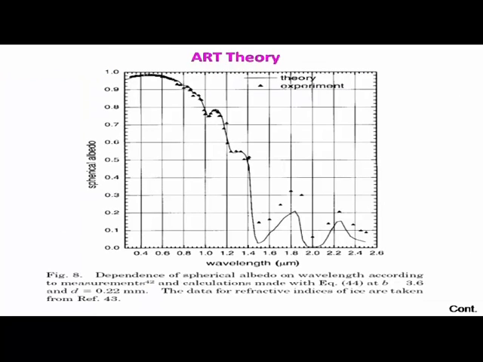From their ART model, they were able to model the snow spherical albedo, as you can see here from theory, and it was close to the experimental result, except in this region where the theory actually fails, with a lot of deviation between theory and experiment. So with this ART theory, you can model the snow very well in this region.